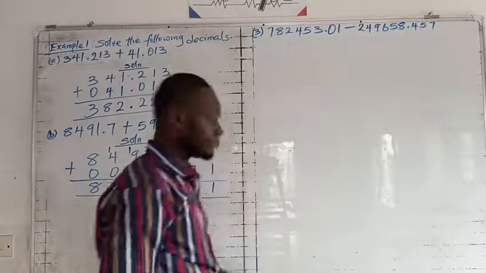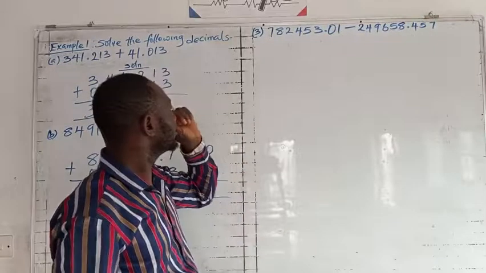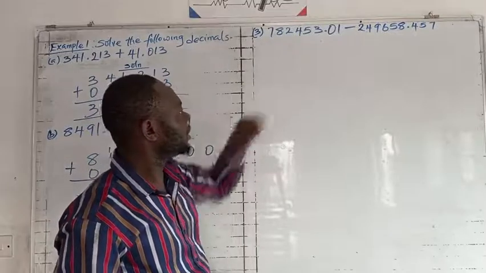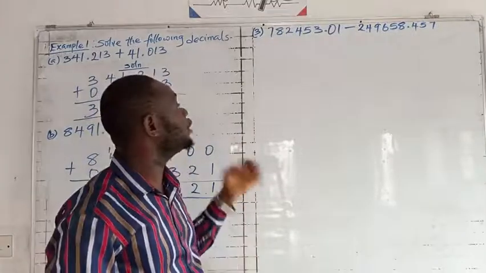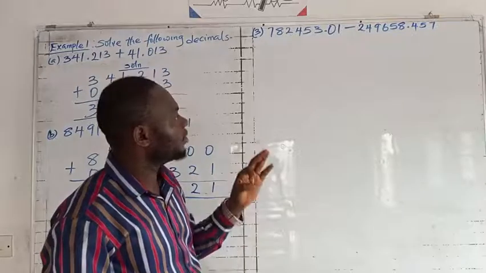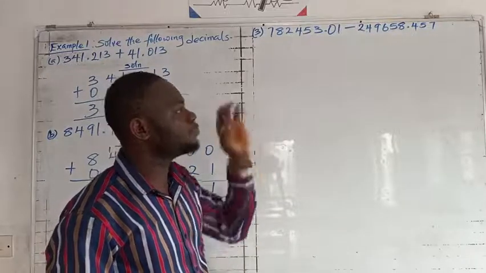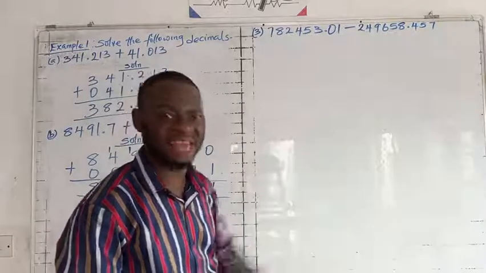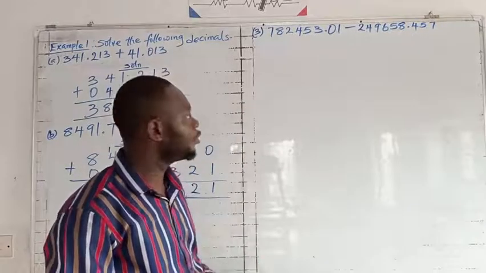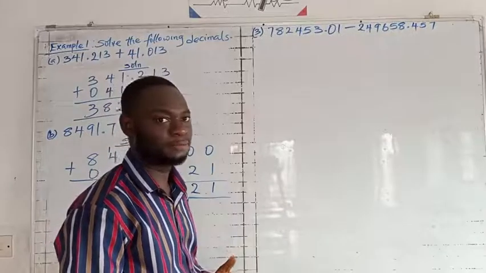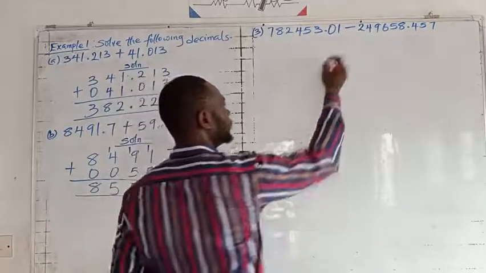All right. Here the question says 782,453.01 minus 249,658.457. We need to subtract, right? Yeah. Let's solve.